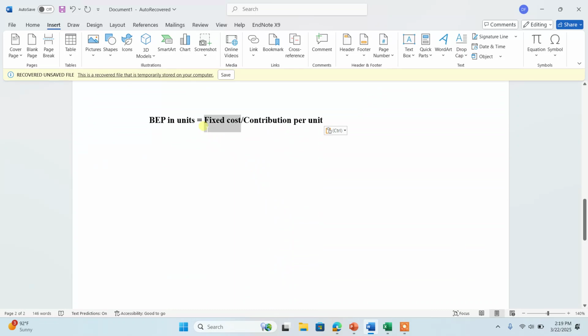The question is that I need to find out the fixed cost. This is my target. But the issue is that I don't have the data of the break even point in units.